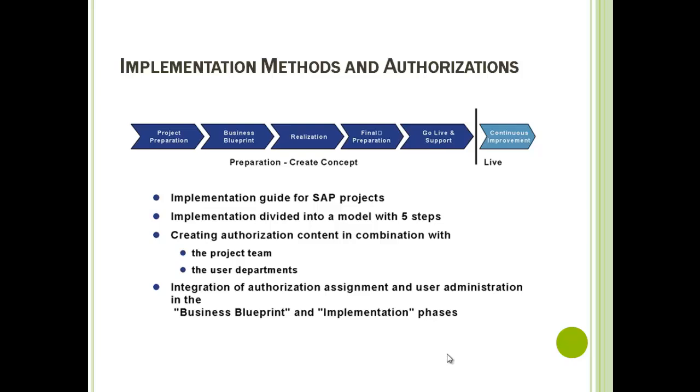Okay, implementation method and authorization. First of all, setting up an authorization concept must be planned and implemented step by step using a project plan. In the example used here, the project was divided into 5 key points: project preparation, business blueprint, implementation, final preparation, and go-live support.